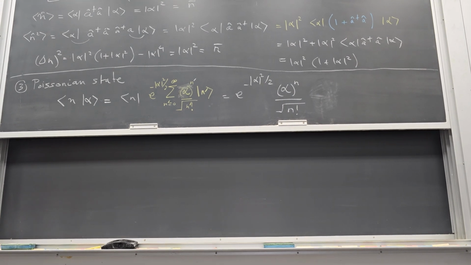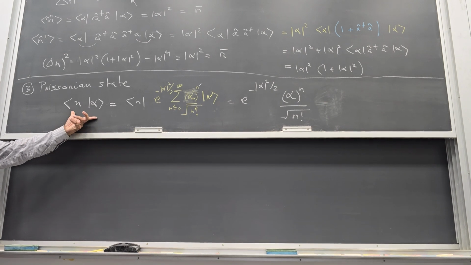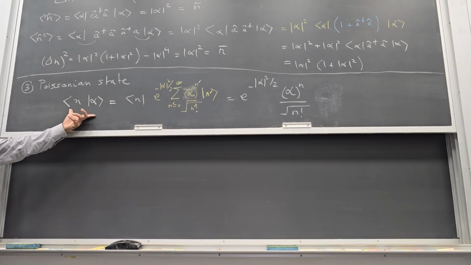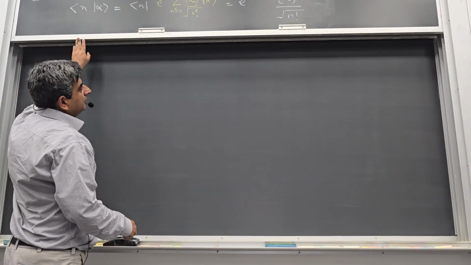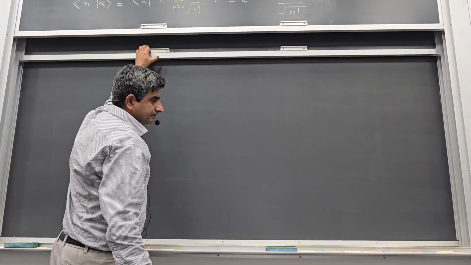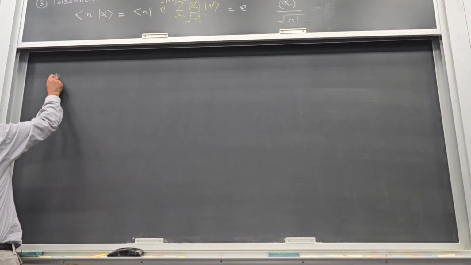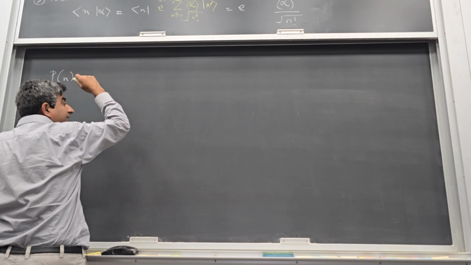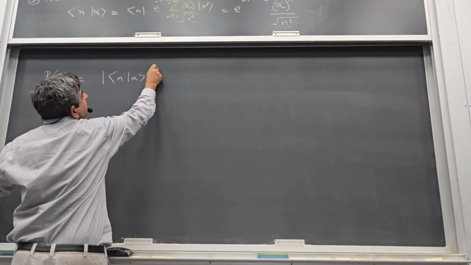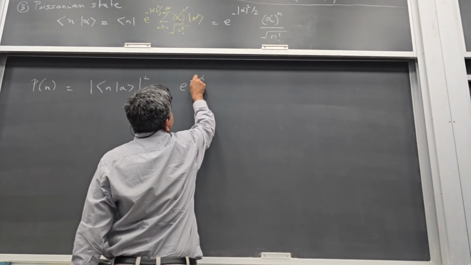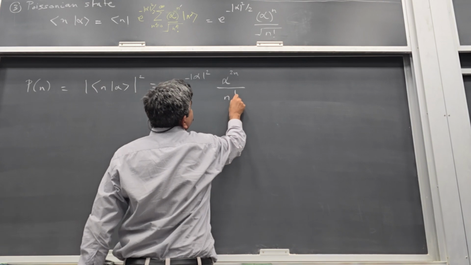Okay, so this is a probability amplitude. I take the square of this to find the probability of finding n photons inside the system. So the probability of finding n photons in a coherent state is given by this inner product squared, which is e to the minus |alpha| squared, |alpha| to the power 2n over n factorial.